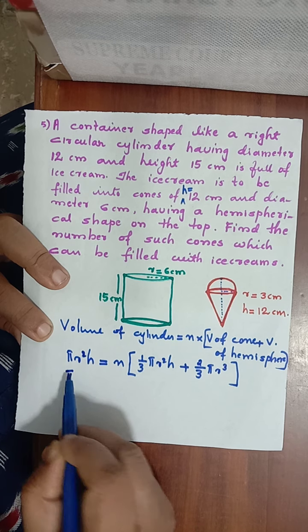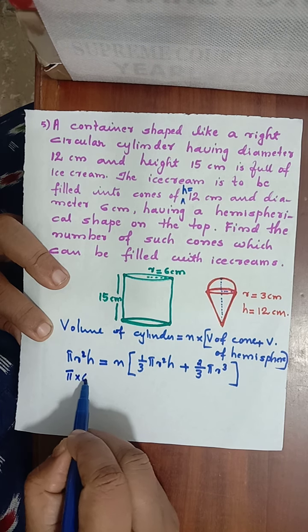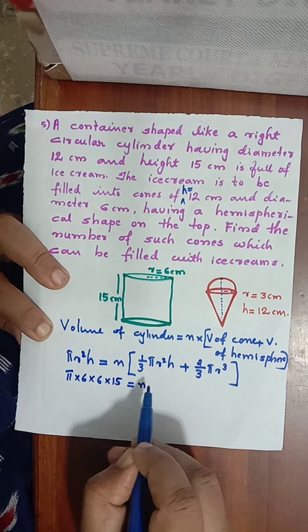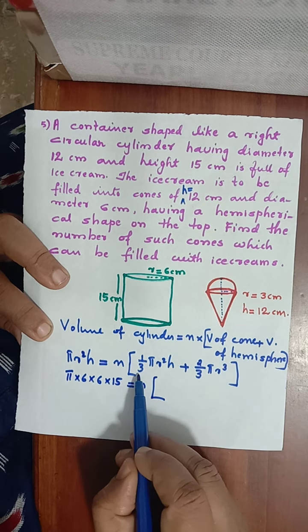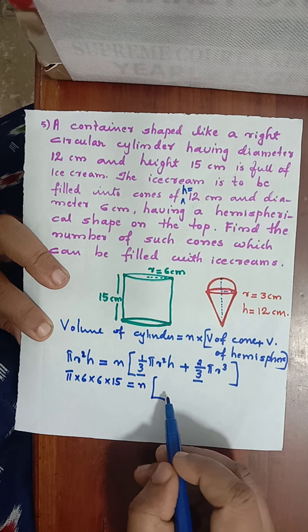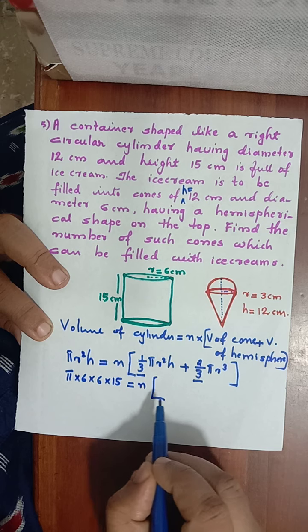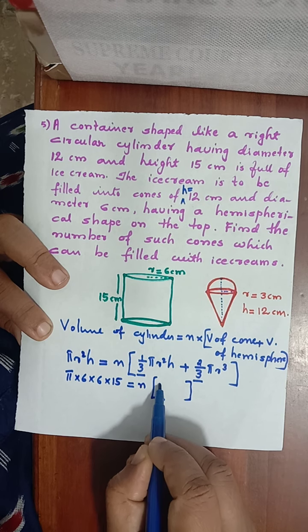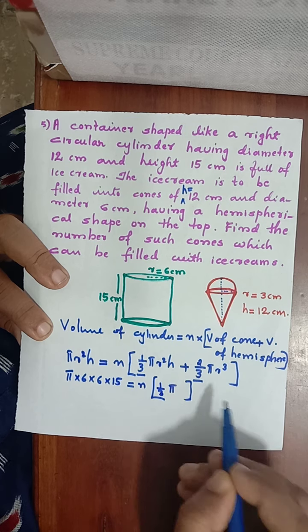So pi r square h, 6 into 6 into height 15, equals n into 1 by 3, pi also common, so let us take that outside.